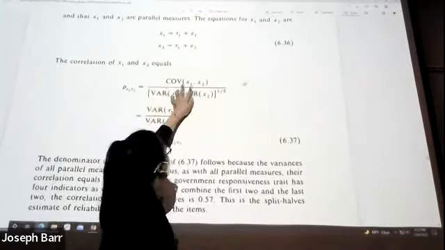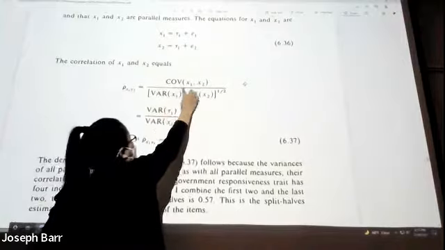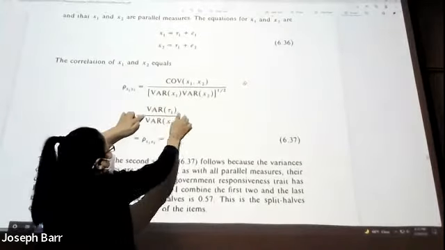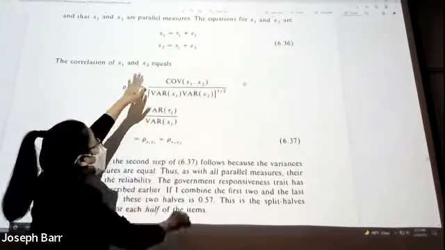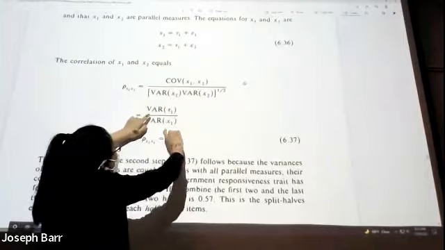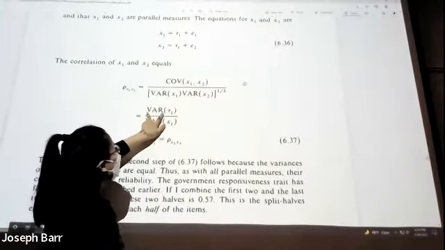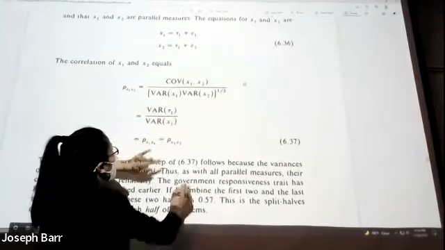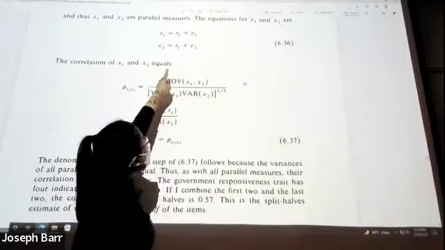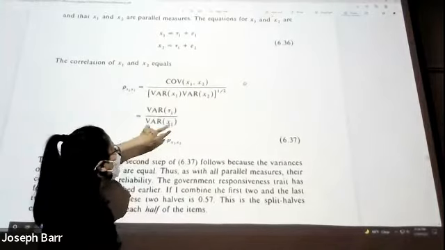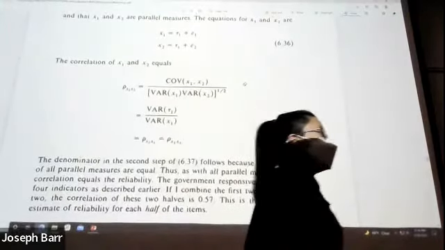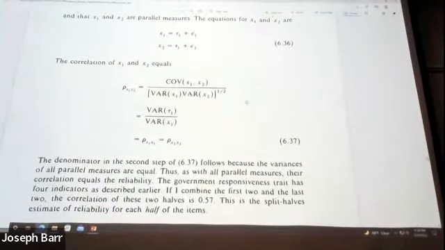So this is the covariance between these two measures, over the square root of the variances. And if you look at the equations of tau1, x1, x2, you can simplify the top part, because E1 and E2 are uncorrelated. So the covariance part is 0, and tau and E are independent, so we only have the variance of tau left. And we'll assume that x1 and x2 measure the same tau, so we have this part. So this is our reliability of the x.